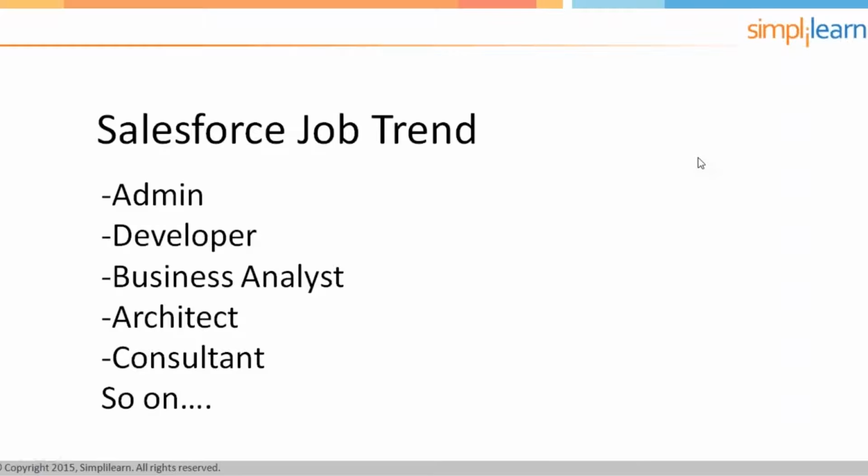Okay, so let's continue. Third option is business analyst. Now what is the meaning of that? See, whenever your customer gives you the requirement, please note in real-time projects the process is between you and the customer.